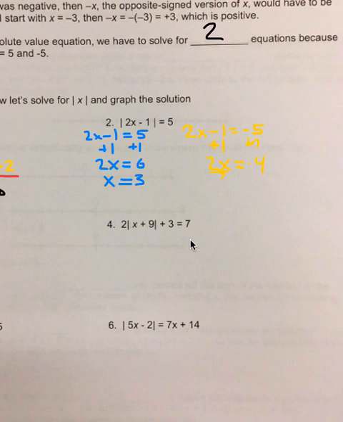Then when I divide by 2, I get x equal to negative 2. And when I check both of those answers, they both work. So graphing, my graph is going to look like this.